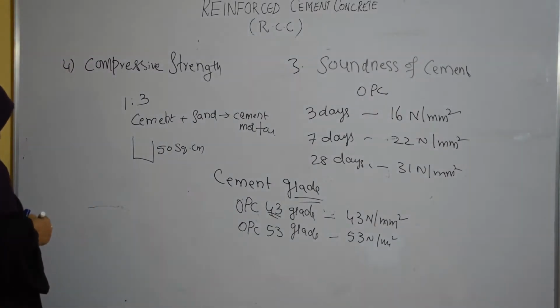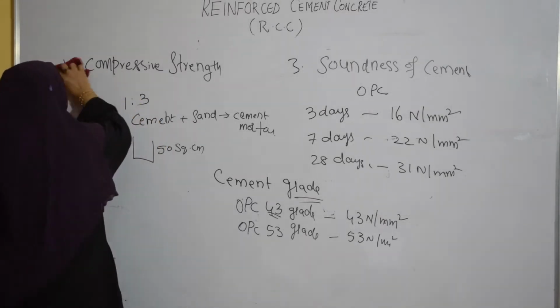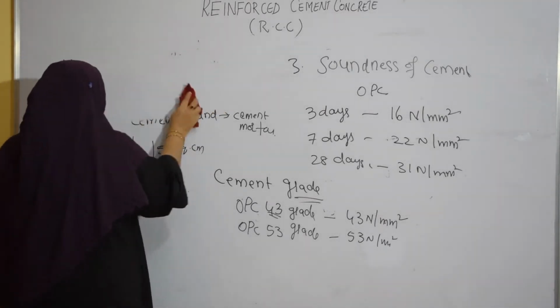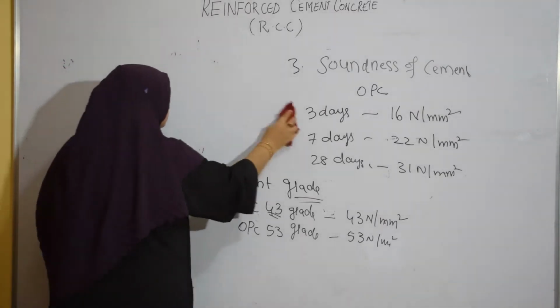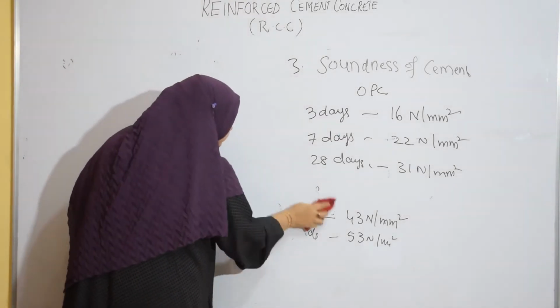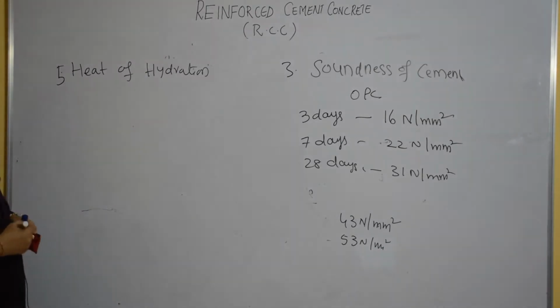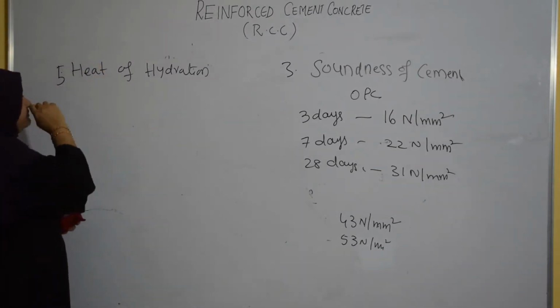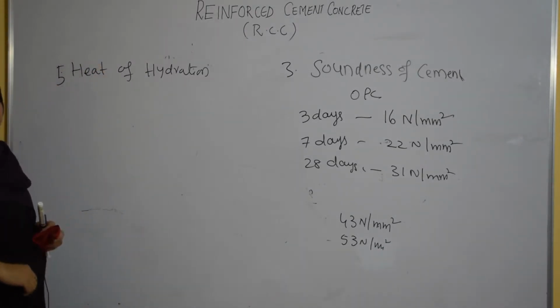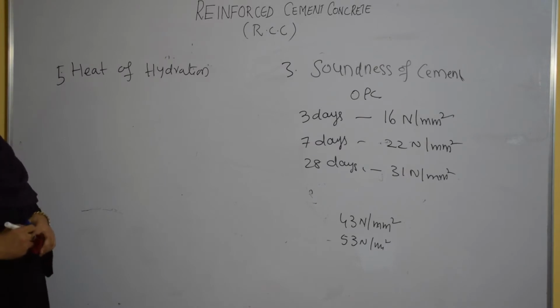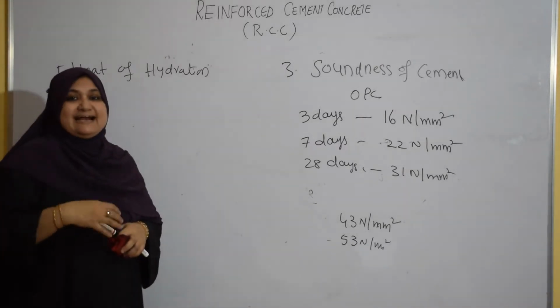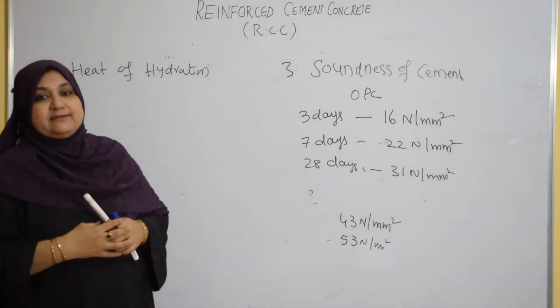Now the last property which I said we would discuss about cement is heat of hydration. The last physical property which we should know about is heat of hydration. When water is added to the cement, there will be a chemical reaction.